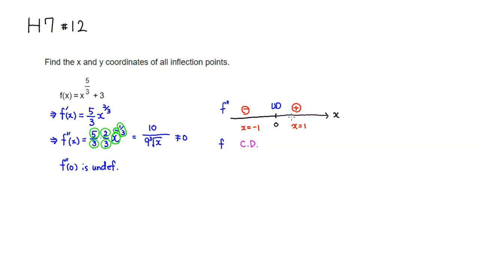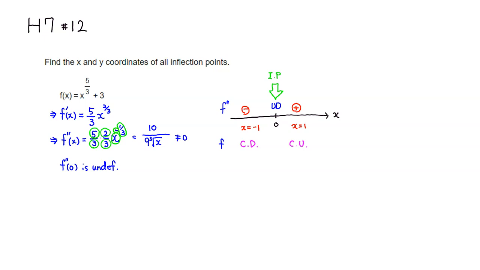After 0, you're going to have concave upward. Which means you're going to have a concavity change at 0, so at this point you're going to have an inflection point.